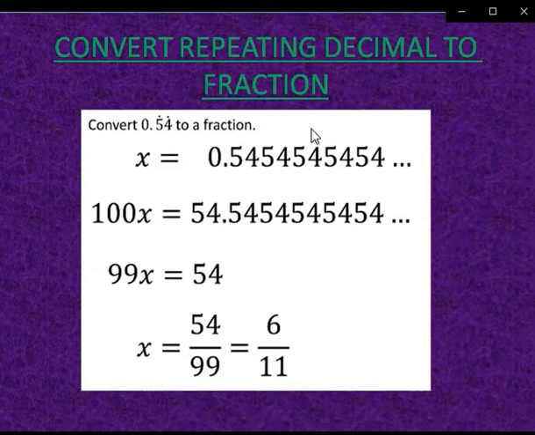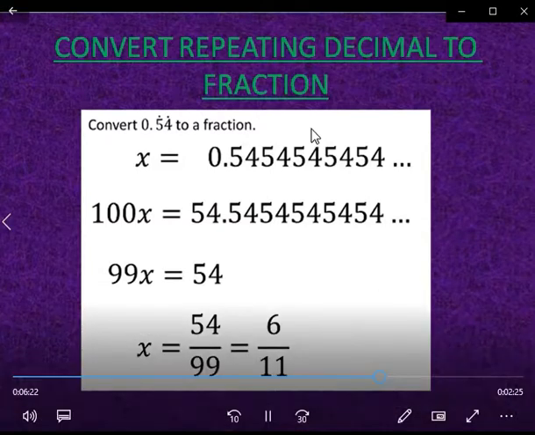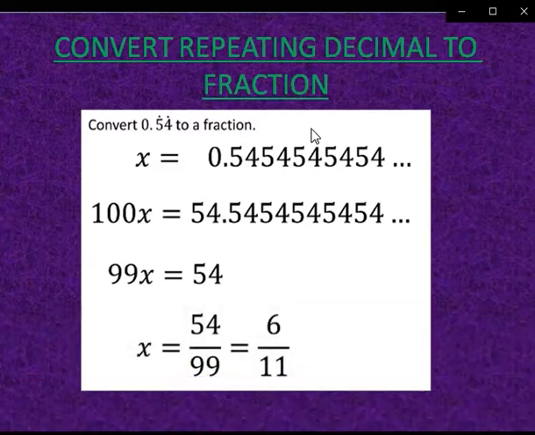After I multiply both sides by 100, I will subtract the equations from each other. You have 2 equations. First equation, x equals 0.54, 54, 54. The second equation, 100x equals 54.54, 54.